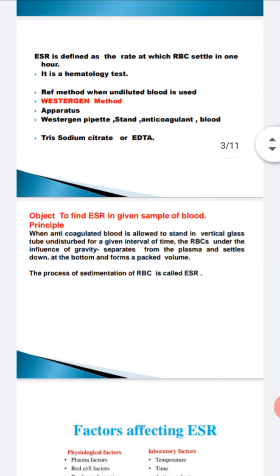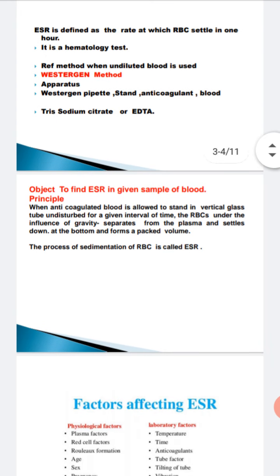Now it works on a principle. What is the principle? The principle of ESR is that when an anticoagulant is added to blood and it is allowed to stand in a vertical tube, the Westergren tube, kept undisturbed for 1 hour, the RBCs settle down.